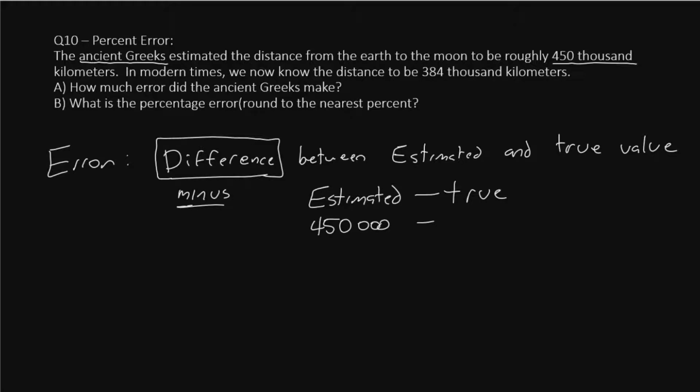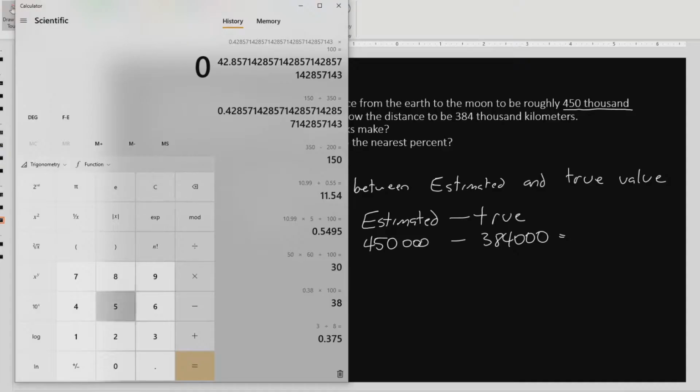Now, we know the true value to be more like 384,000 kilometers, and we can use a calculator to find that amount of error. Let's go to our calculator. We'll say 450,000, so add 3 additional zeros to show that it is 450,000.